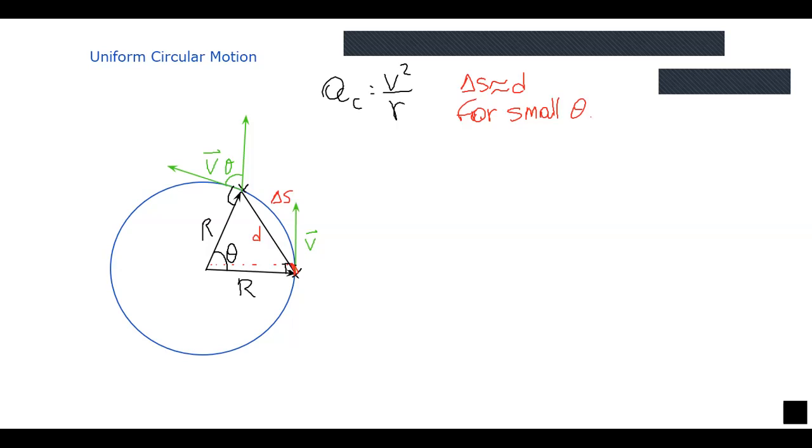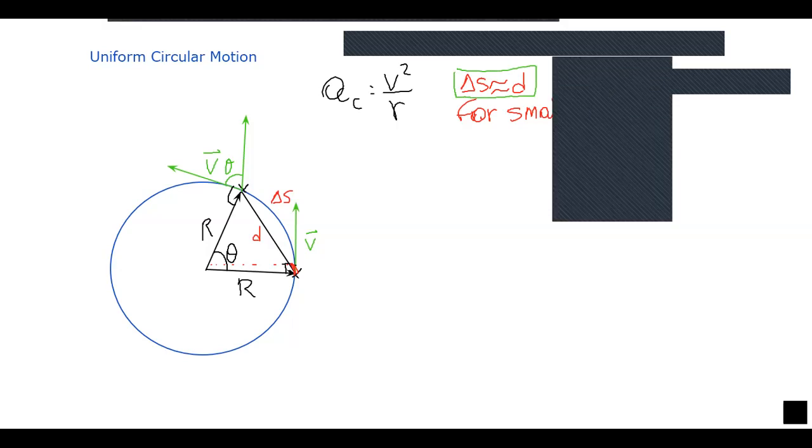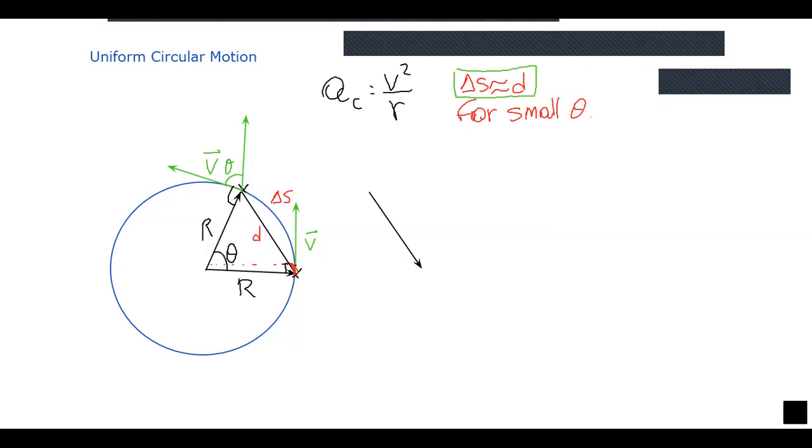Instead of using d, I'm going to use delta S because of the approximation that we made up here. So here I go, I draw the triangle here. This is the first triangle.